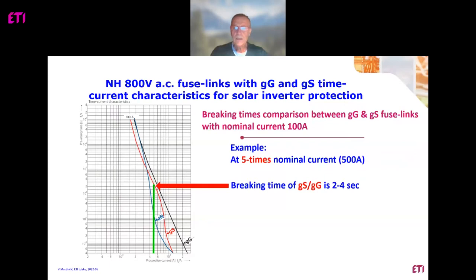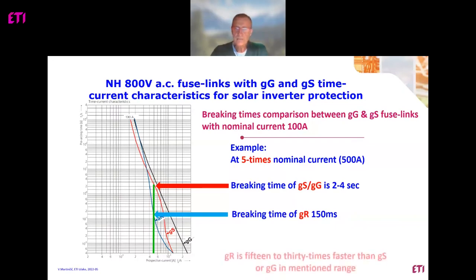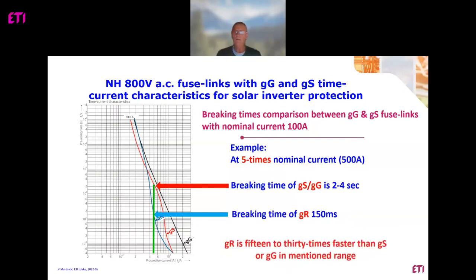We can see that the breaking time of gS or gG is between 2 and 4 seconds. The breaking time of the gR characteristic is 150 milliseconds. So gR is 30 times faster than gS or gG in this range of overcurrent, 5 times.